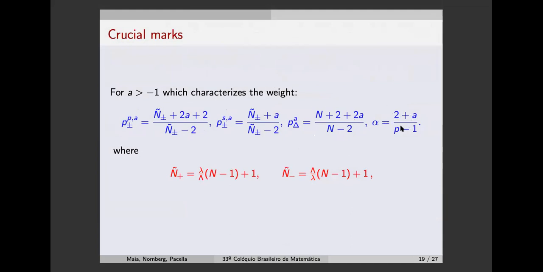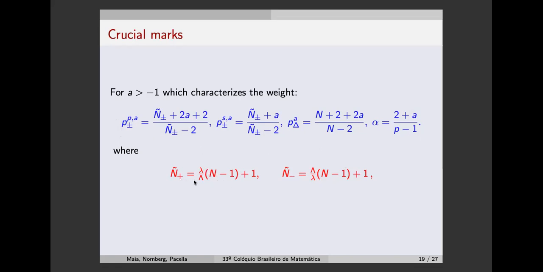Alpha is 2 plus a over p minus 1, and we have 3 different p's for plus and other 3 for minus, defined as you see in these expressions. The PPA, PSA, and P delta A are going to be very important in our whole study.